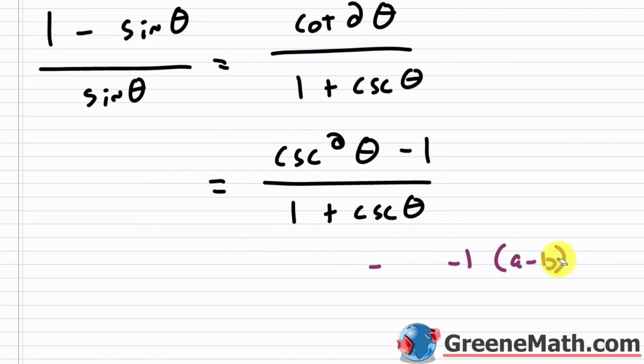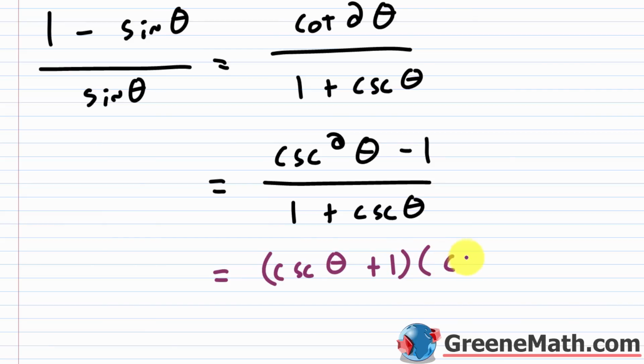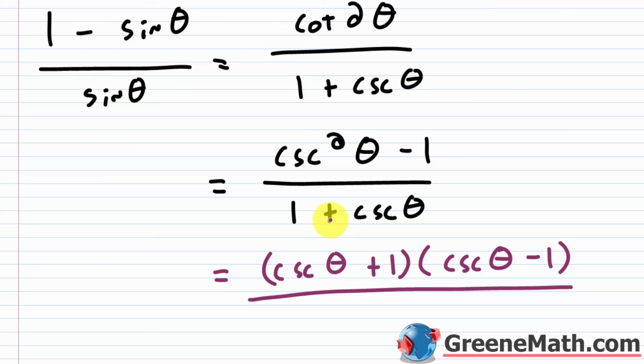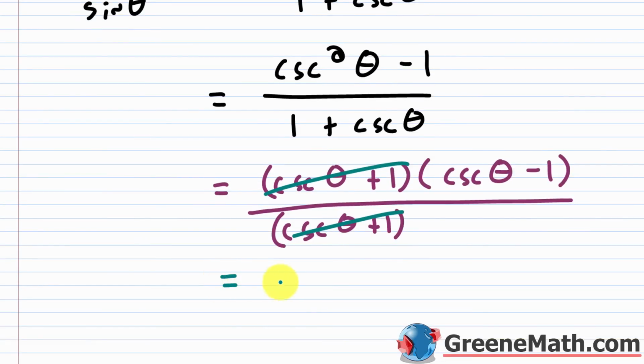So this would factor into your cosecant of theta plus 1, then times cosecant of theta minus 1, over 1 plus cosecant of theta. You could write that as cosecant of theta plus 1 if you wanted to. I'm just going to cancel this with this, and now I have cosecant of theta minus 1. Let me come down here and just say that this is cosecant of theta minus 1.